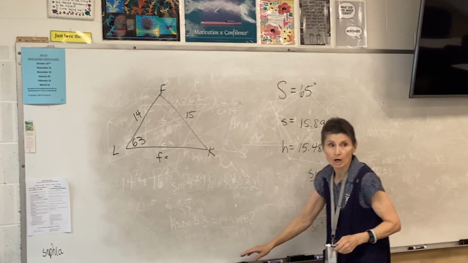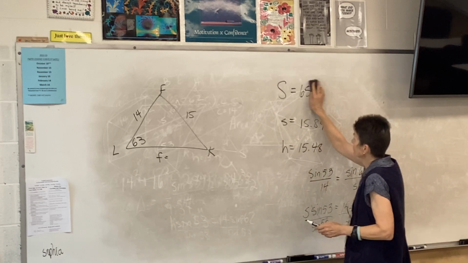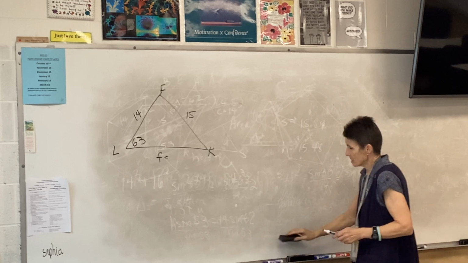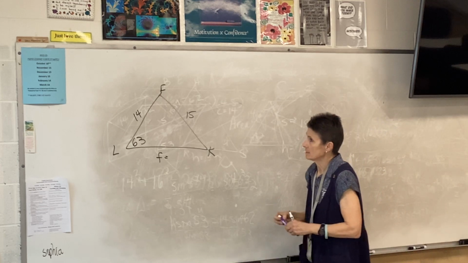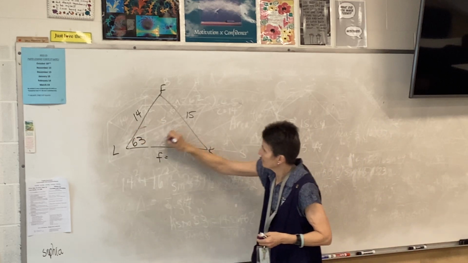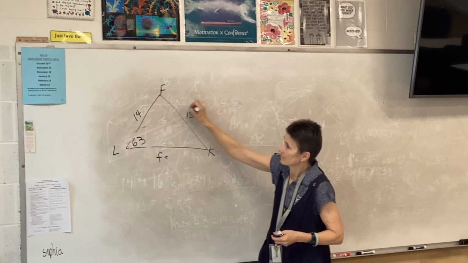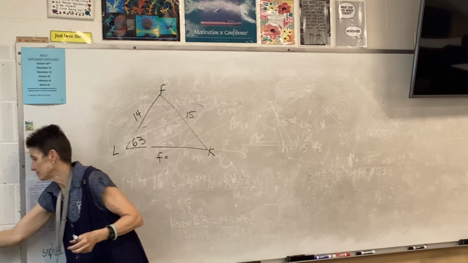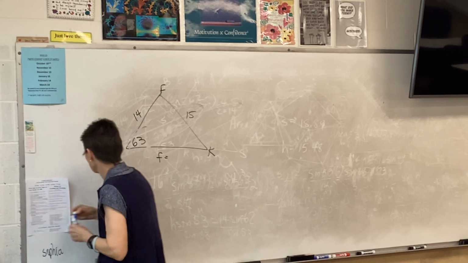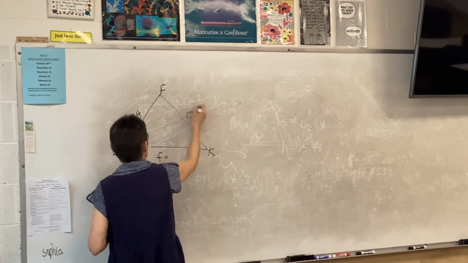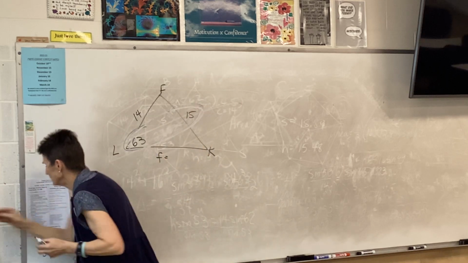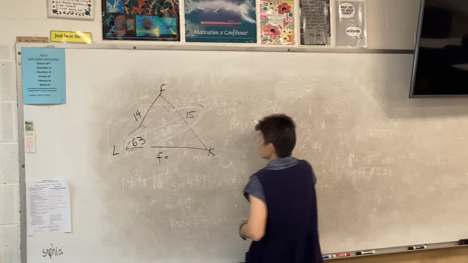So what do we know? We know either 0, 1, or 2. We also notice right here, we have the law of sines. So I am going to set up my law of sines.